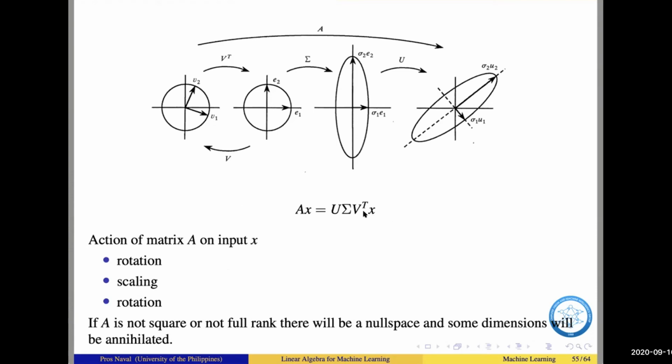So x is multiplied by V transpose. You have a unit ball.